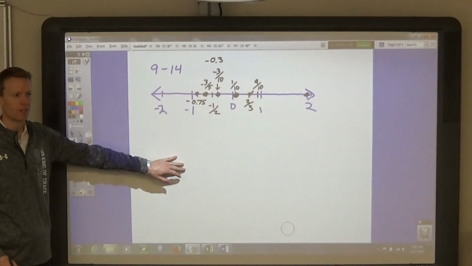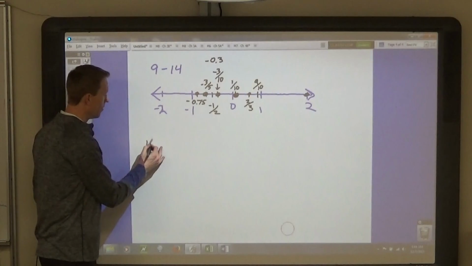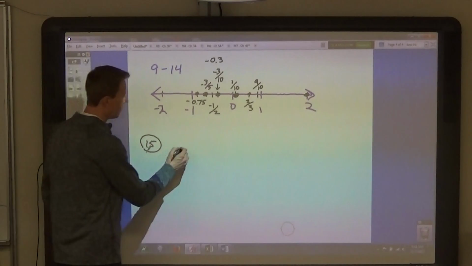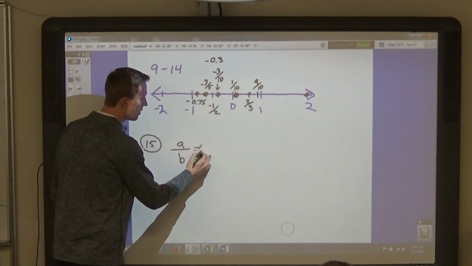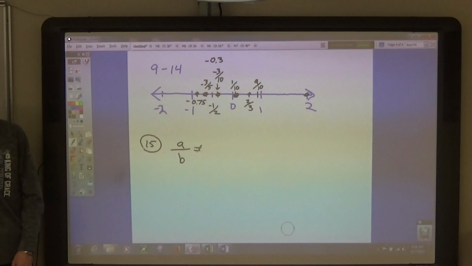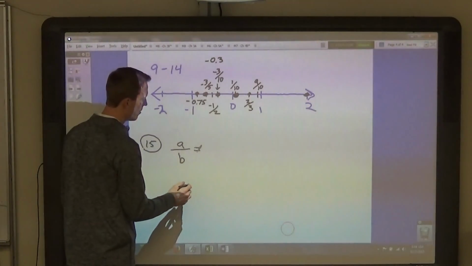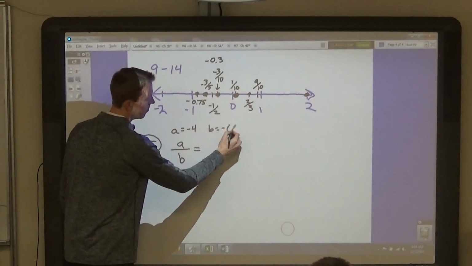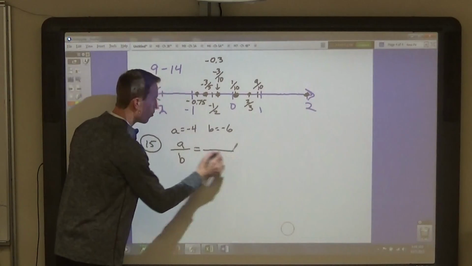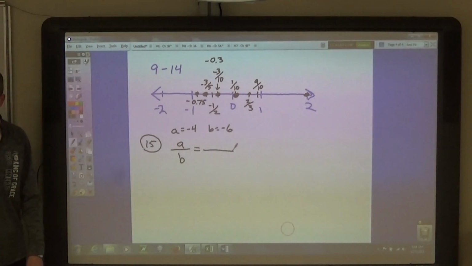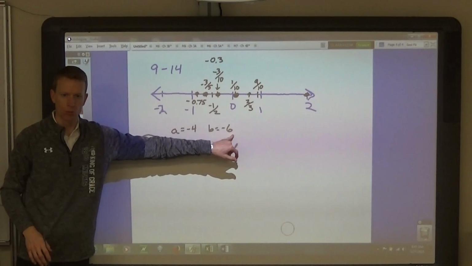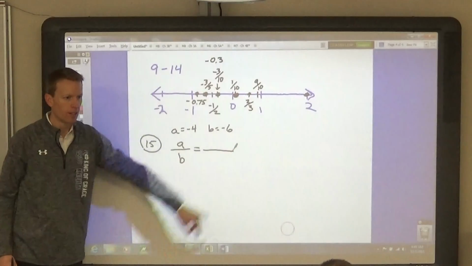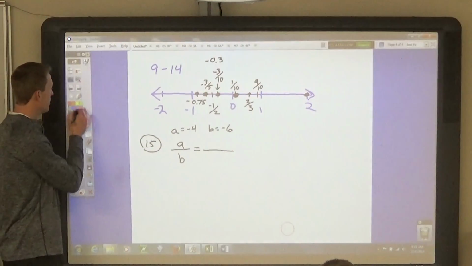Questions on those? Number 15, A over B. Here's where I want you to substitute, and it says that A is -4, B is -6. So when you're doing your assignment, write this at the top of the section: A equals -4, B equals -6. Write that on your paper above this section. And then substitute the numbers.